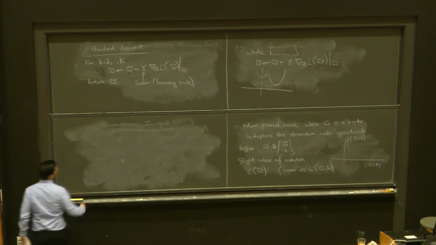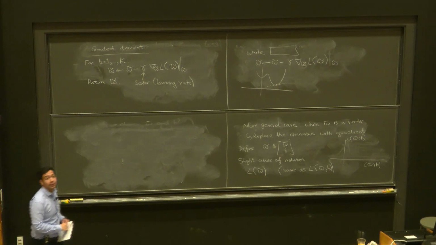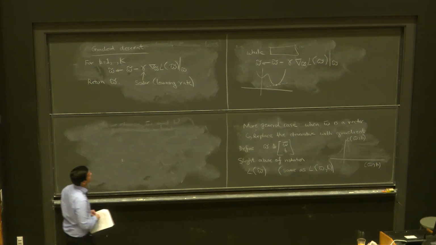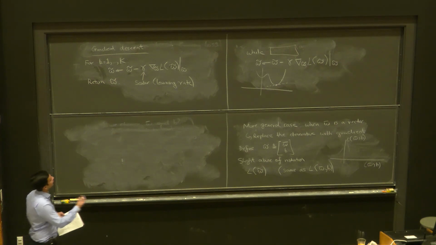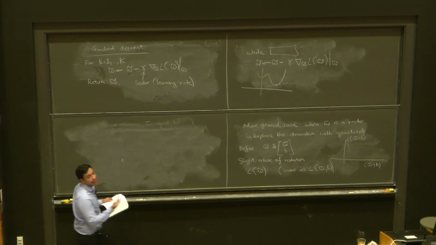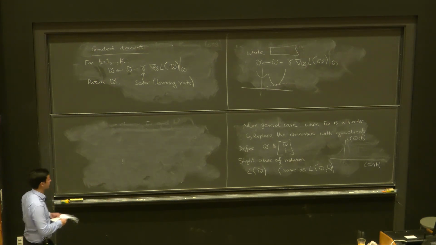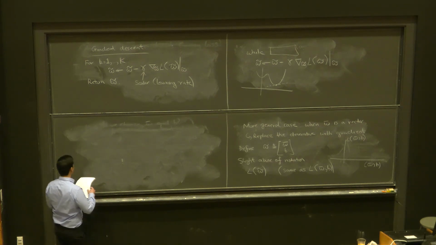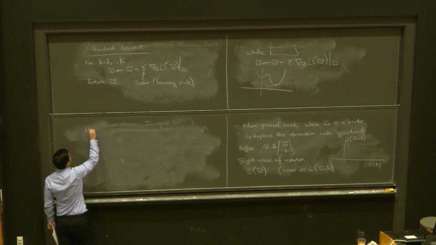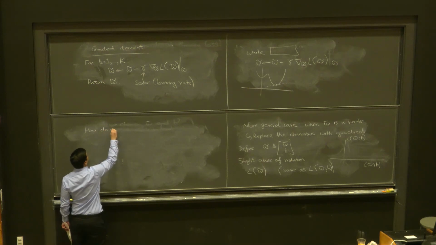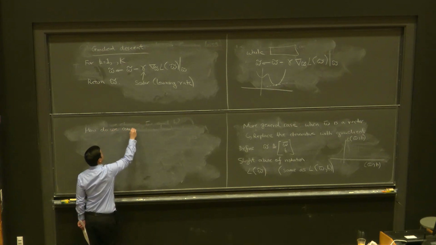So let's think about what we really need to implement gradient descent. This makes sense as a general structure, but we need to calculate the gradient to implement this scheme. So how do we compute gradients?